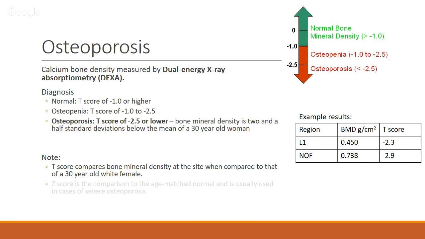You would expect it to be compared to people of your same age and gender, but that's actually the Z-score. The reason you use the T-score to diagnose osteoporosis is that you're not looking to compare within your age group. You just want to ascertain whether the patient is at risk of fractures, and if so, then you want to treat the patient.